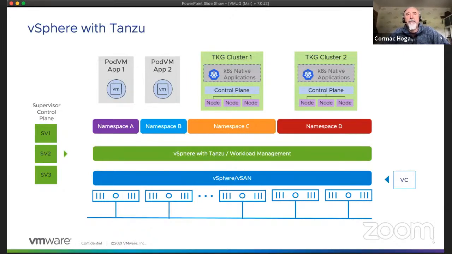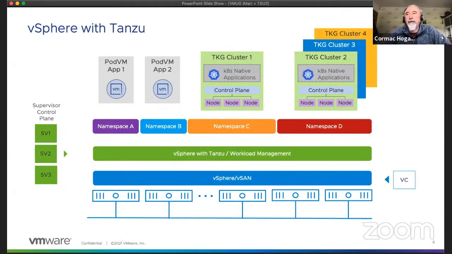But to be honest, the major use case is the ability to roll out these guest clusters within the namespace. And it's not just a single guest cluster, you can actually have multiple guest clusters inside a namespace as well, depending on the resources. And as Frank said, there's still a massive role for the vSphere administrator here in order to manage resources and make sure that developers don't do something weird and wonderful within their namespace and impact others.